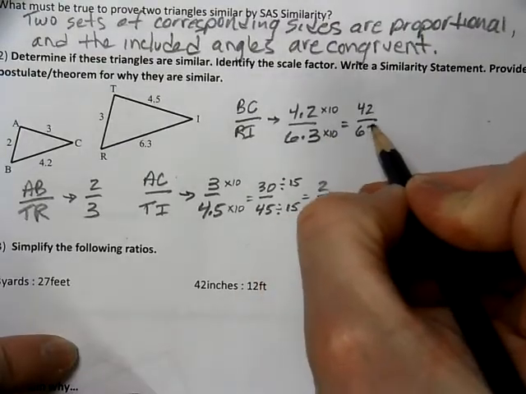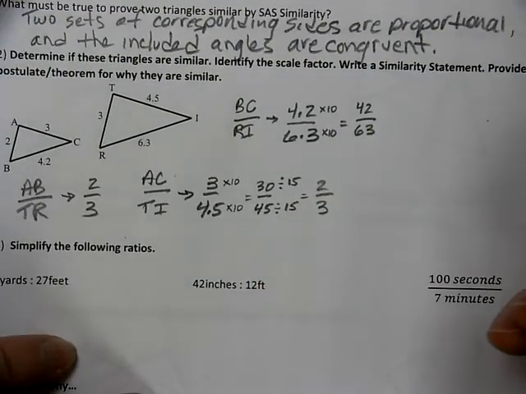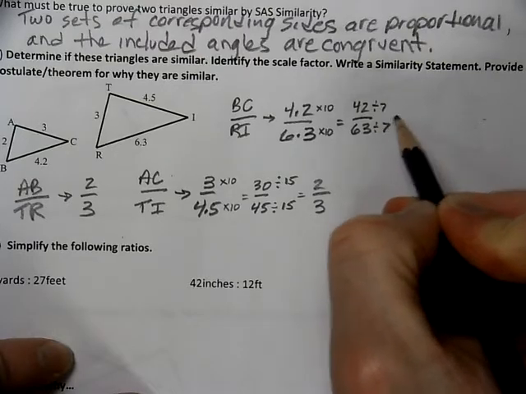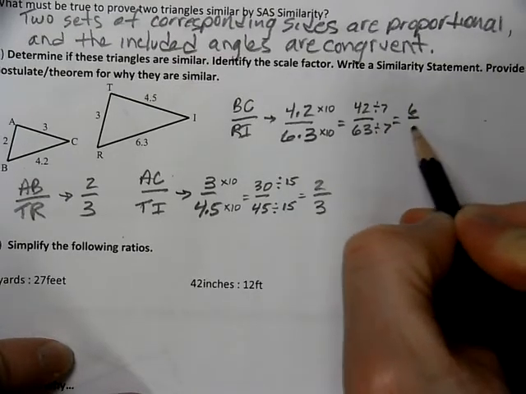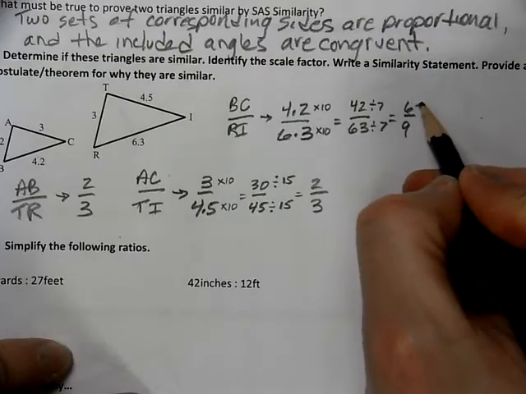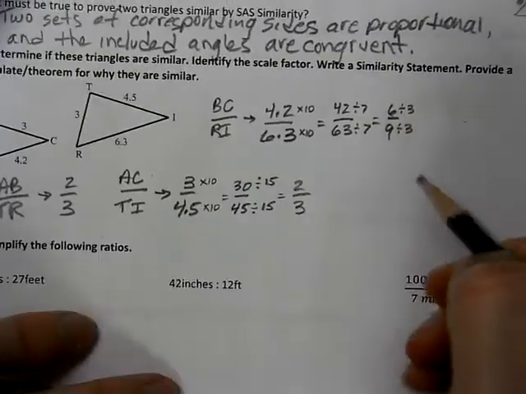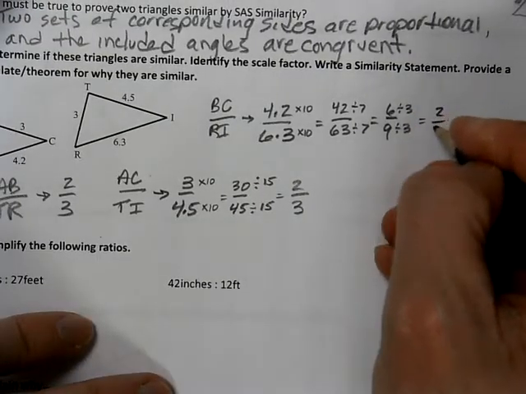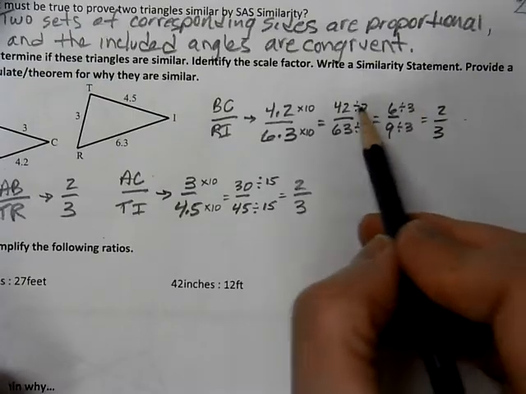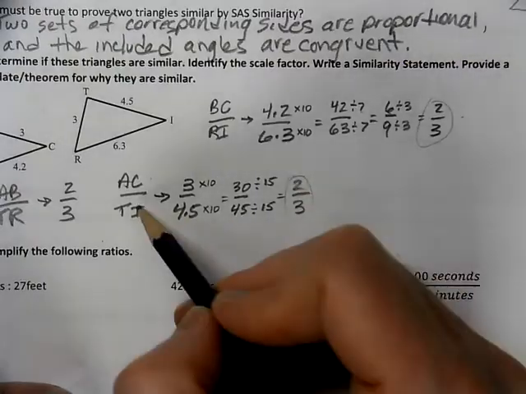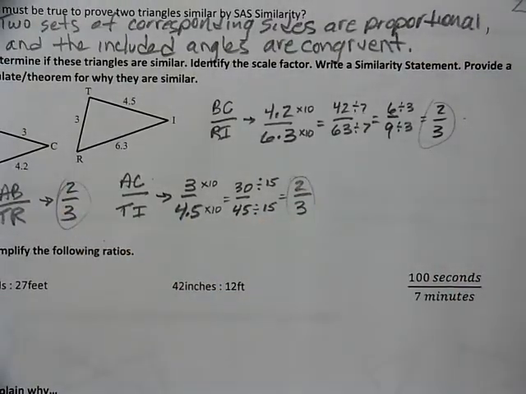And I can get 63, and there we may notice a couple things go into it, but something you may notice at first is that 7 could go into there. It goes in there 6 times, it goes in there 9 times. Then you notice again that 3 goes into there, so you don't have to find the biggest number necessarily, you just have to keep reducing it. So what that tells us is that 21 actually went into both. So we have all 3 sets of sides being proportional. We have enough information for that.